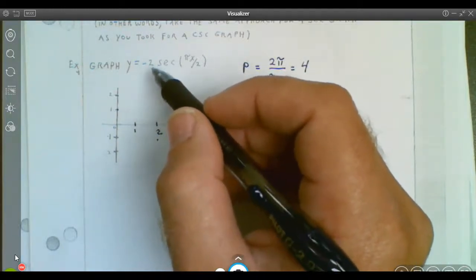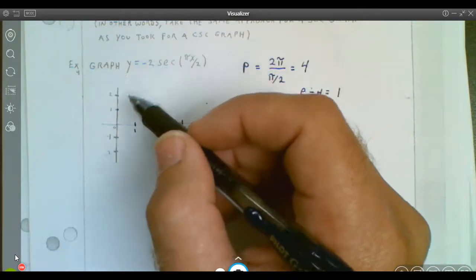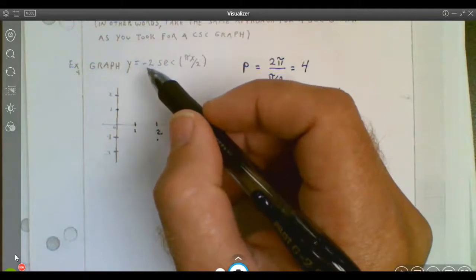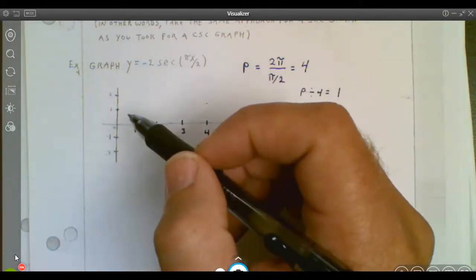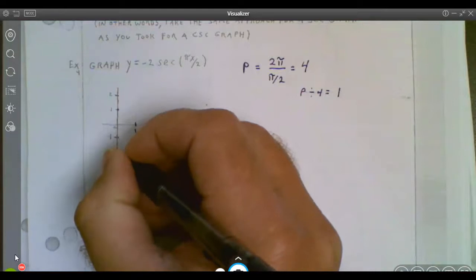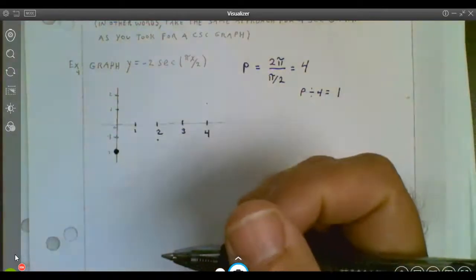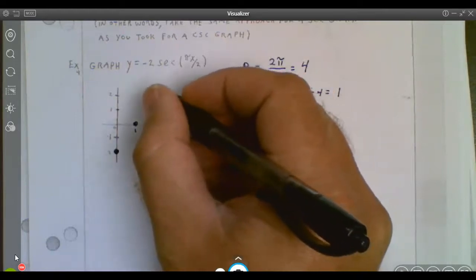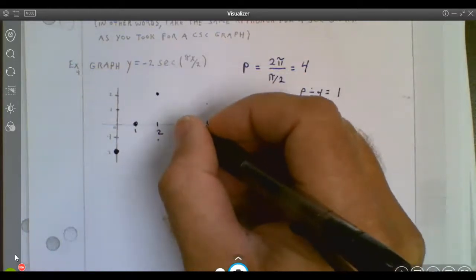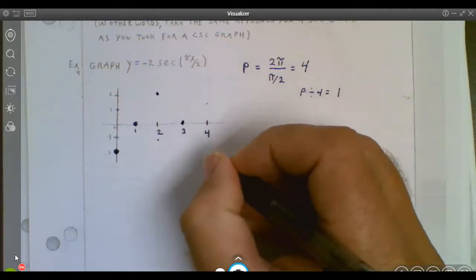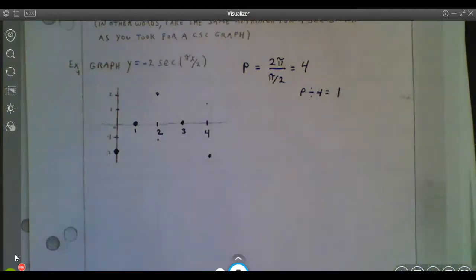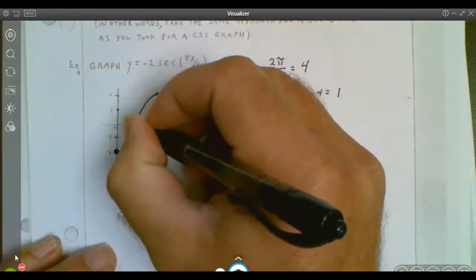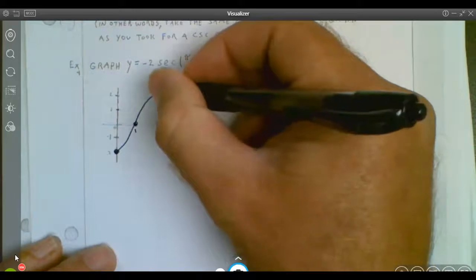So they're not only doubling, so we get the vertical stretch, so instead of starting at 1, it would start at 2, but I'm also getting the reflection, so I should be starting at negative 2. So my cosine graph starts at negative 2, then goes to 0, then goes to positive 2, back to 0, and negative 2. So the cosine graph, and I guess I'm using different colors on this one, that's okay, would look like this.